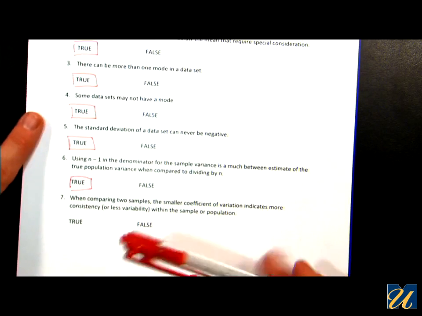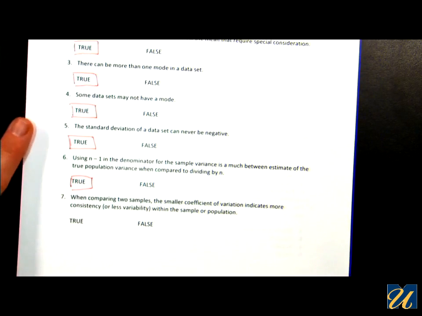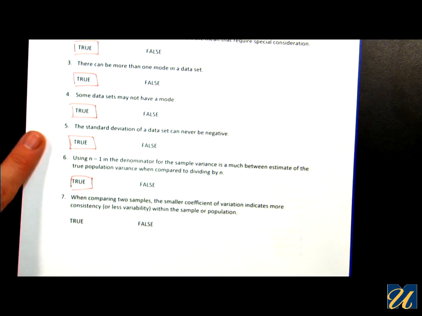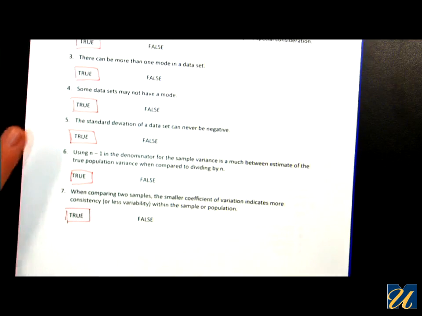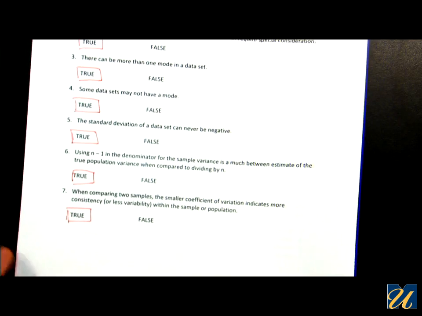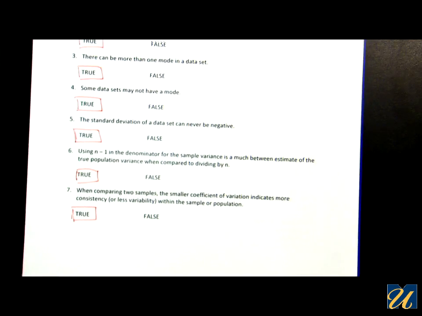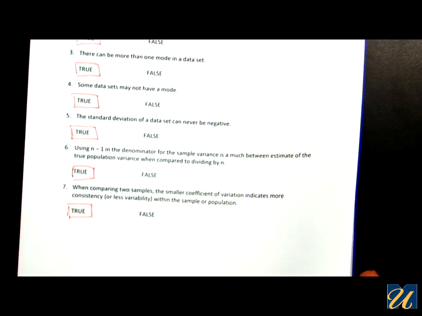When comparing two samples, the smaller coefficient of variation indicates more consistency or less variability within the sample or population. That is also true. The smaller the coefficient of variation, the less variability you have within the data set, the sample or population.